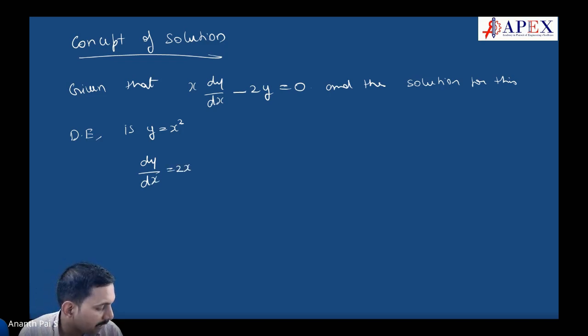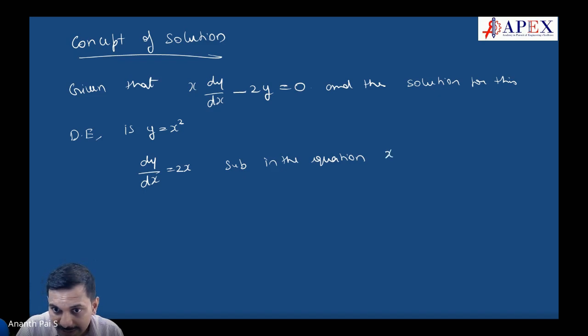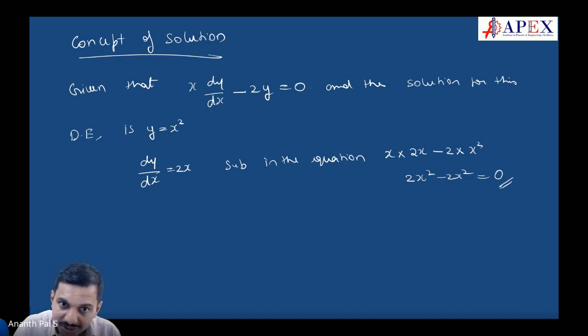Now we will substitute in the equation. Instead of x dy by dx, I'll substitute x times 2x, then minus 2 times y. What is y? We have taken x square. So this would be 2x square minus 2x square, which is equal to 0, which satisfies this equation.